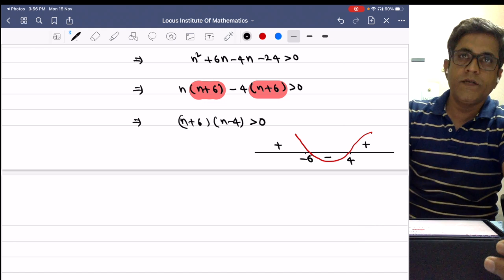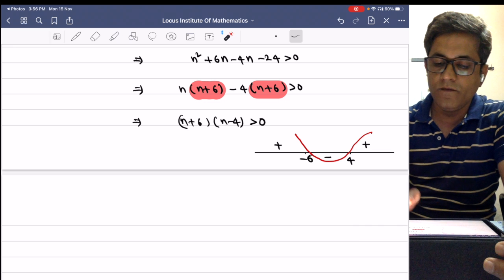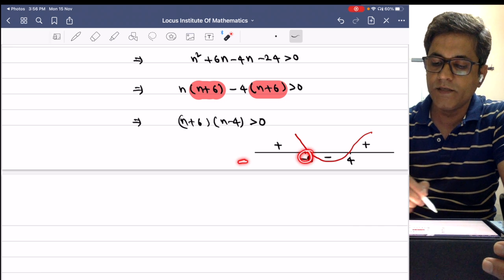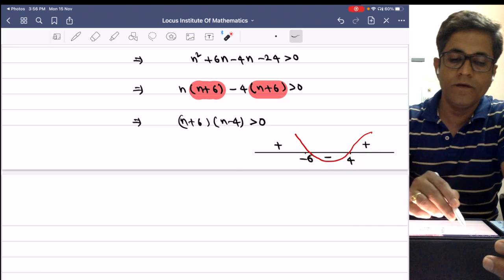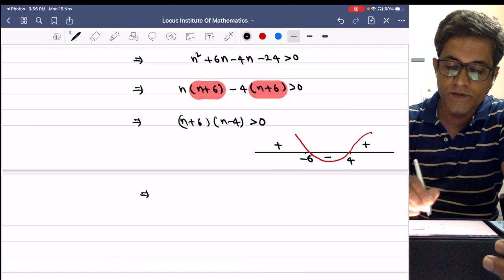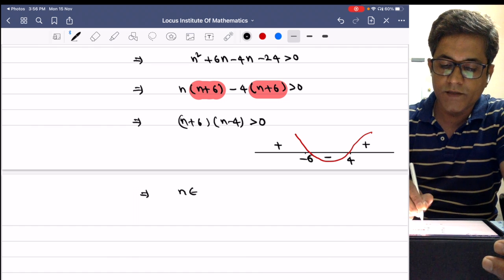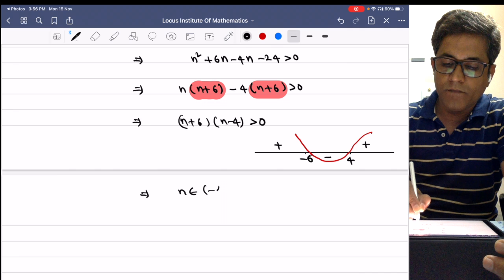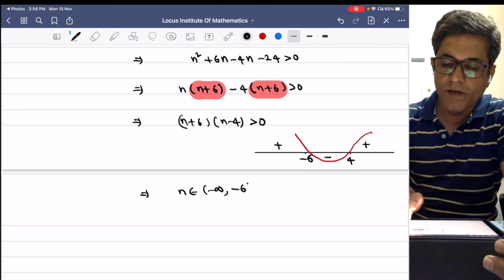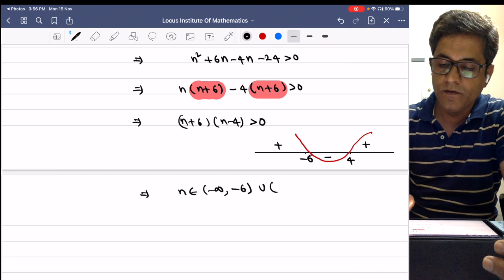Therefore (n + 6)(n − 4) is positive in which interval? From minus infinity to −6 union 4 to infinity. That implies the solution of this inequality is n belongs to (−∞, −6) ∪ (4, ∞), both open.